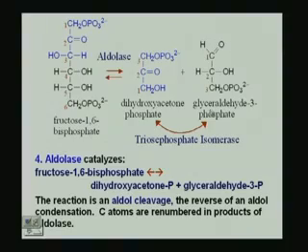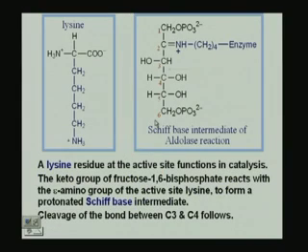Your products are dihydroxyacetone phosphate and glyceraldehyde 3-phosphate, which later on you will see written as DHAP and G3P. Okay, so we have a lysine residue in aldolase that is present at the active site.